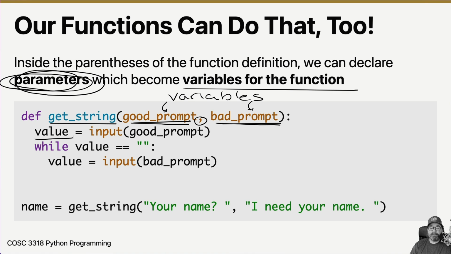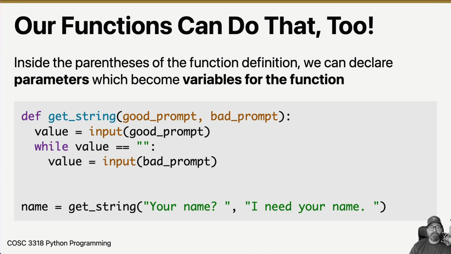And then we can continue to declare our own variables. Here we're declaring a variable named value. And so what getString does, getString is a generic way of getting a valid string. So here we're going to call getString with one argument, your name, and another argument, I need your name.